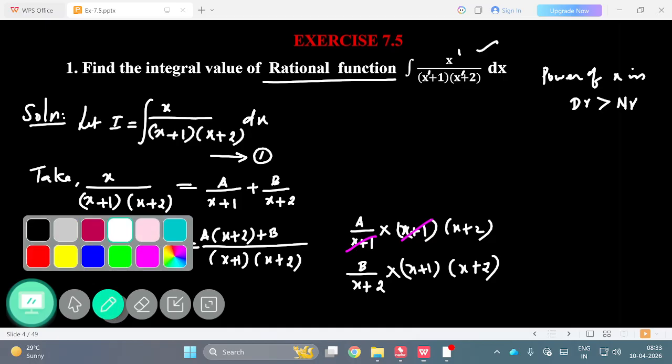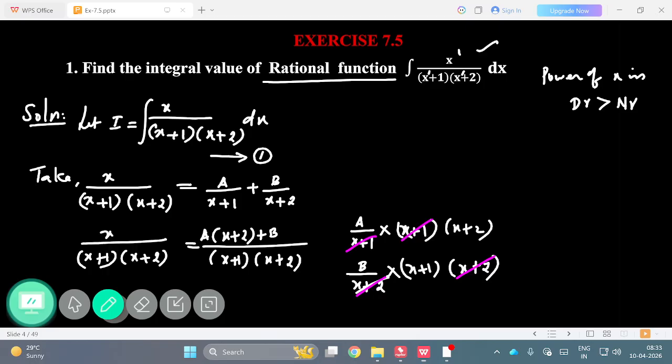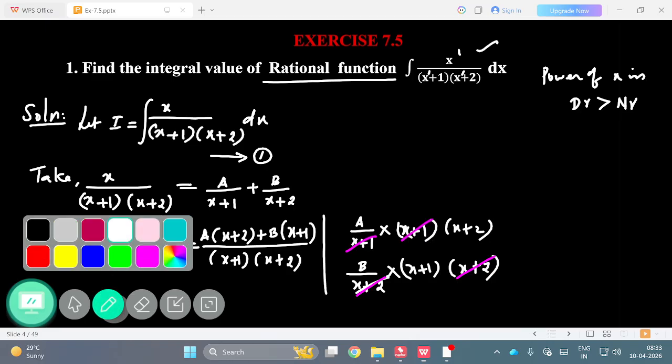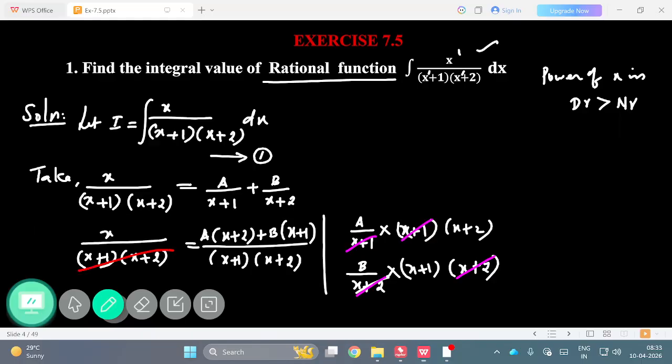So what is the cancellation here? x plus 2 cancels. So what is remaining? b into x plus 1. Any doubt? Please. Now cancel. Look at the left side, right side: x plus 2 into x plus 1. Correct? Cancel. What are the remaining terms here?